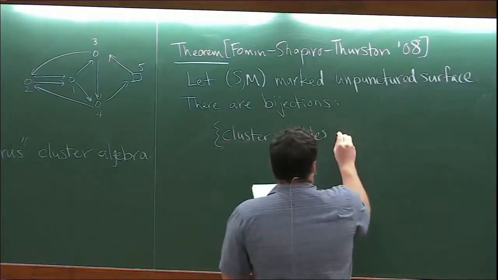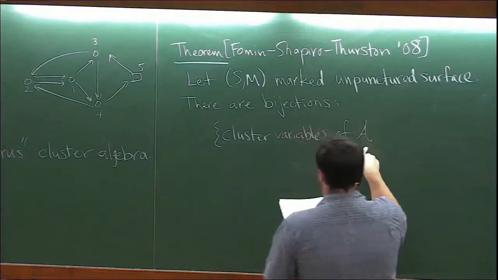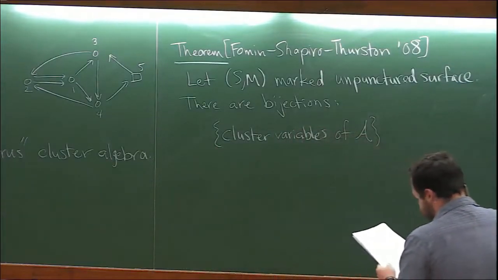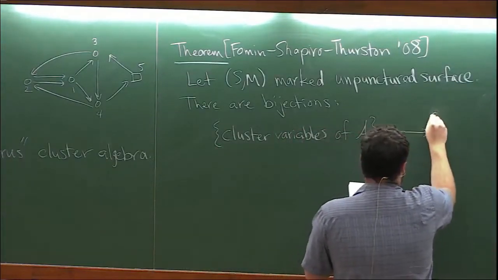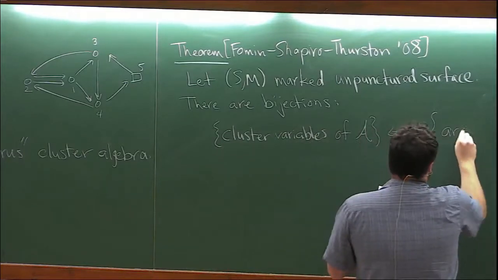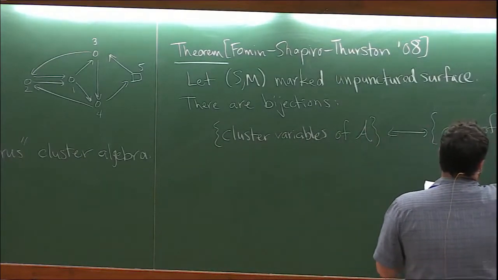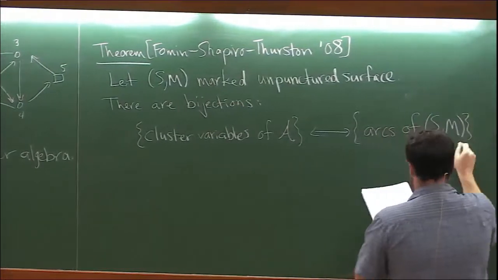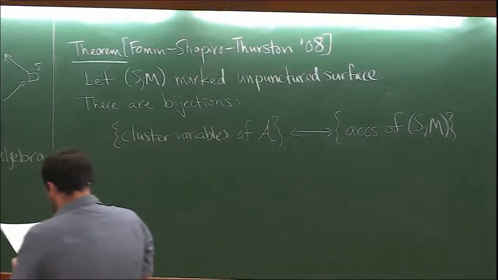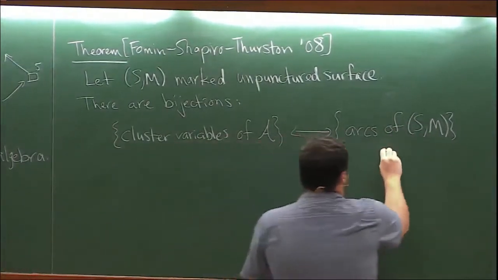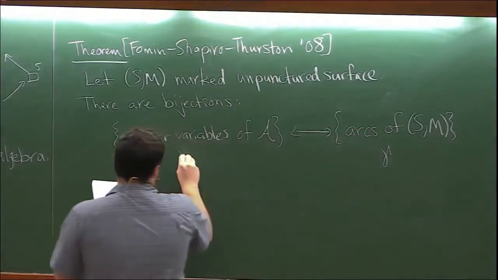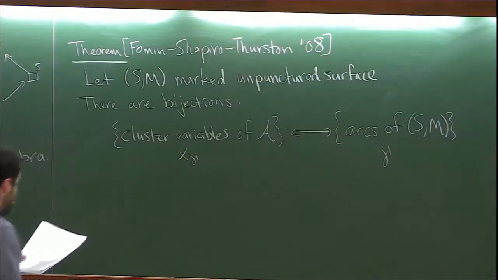So this is what I mean when I write the cluster algebra here. So cluster variables of this cluster algebra are in bijection with arcs of this unpunctured surface. Okay? So if I call an arc gamma, let's call the corresponding cluster variable x sub gamma.